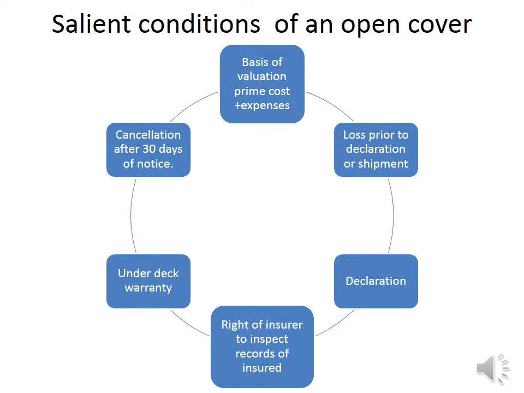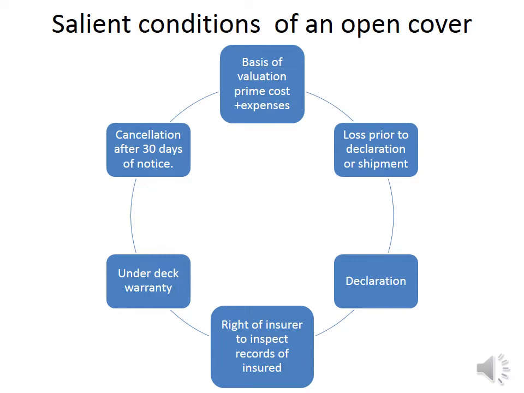The insurance company felt that they should check whether the consignor is declaring in every shipment. This was an open policy, so whether he is declaring the GST also in that. GST was not declared. When the GST is not declared, there is sufficient limit.